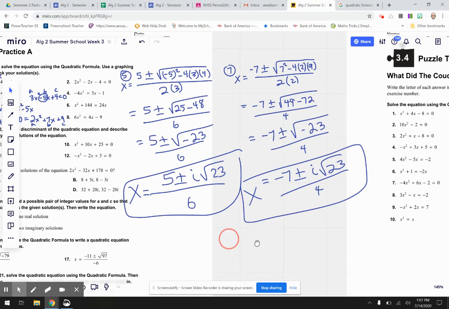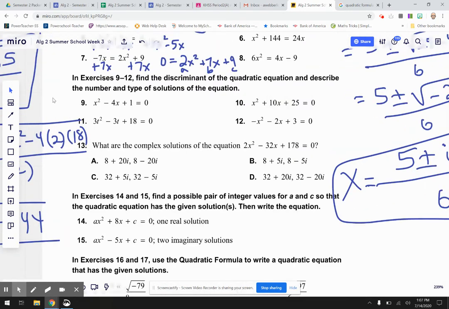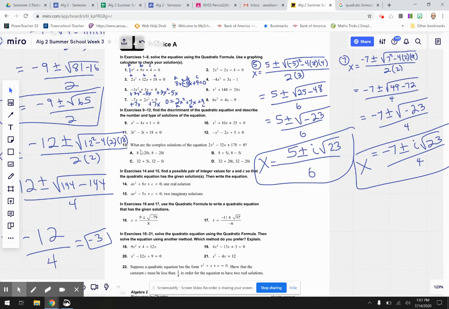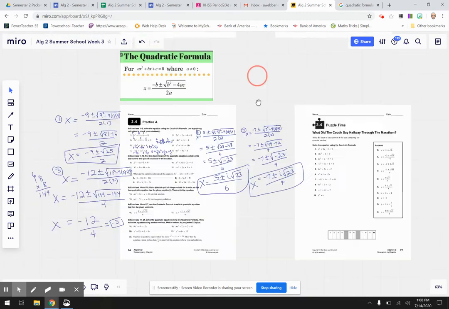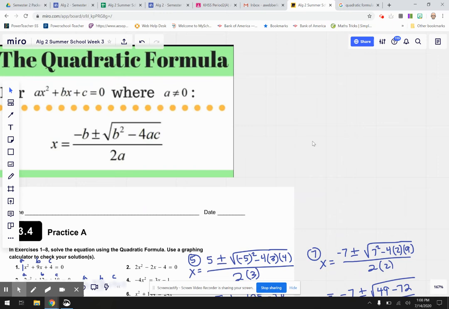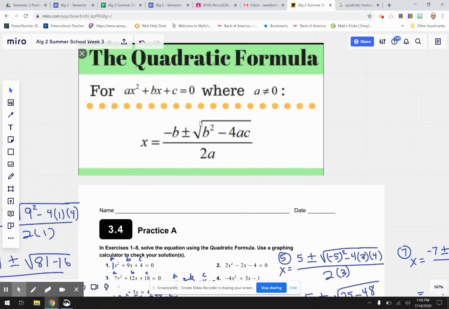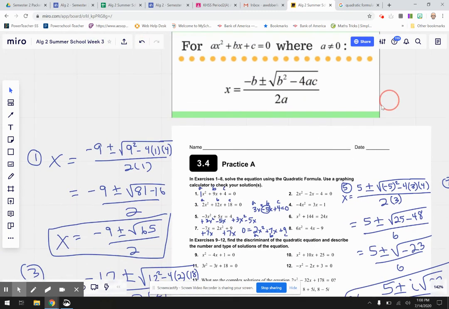Now let's move to 9 and 11. Just says find the discriminant and describe the number and type of the solutions. Okay, so let me just give you the little rundown on the discriminant. The discriminant represents this radical right here. So if you notice, when the radical came out positive, we had the two answers, plus or minus.